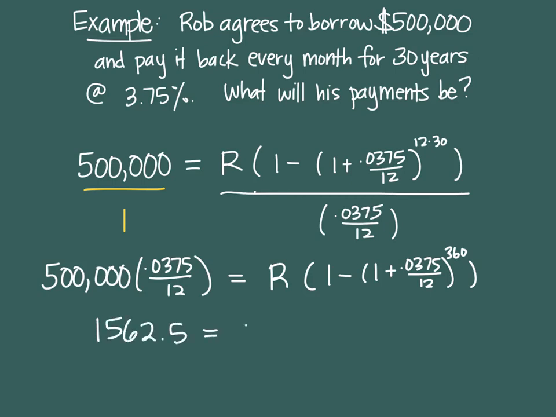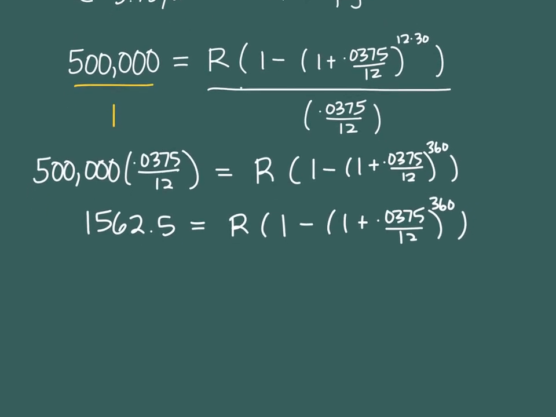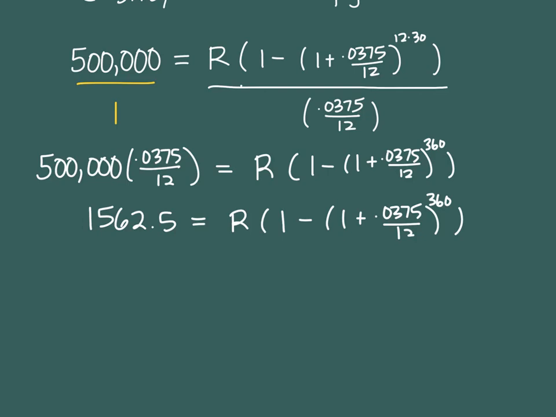Hang on. 30 seconds. And if you're trying to find R, what's the last thing you got to do? Multiply by that. Not multiply. I'm trying to get R by itself. Divide. I want to divide by that whole piece.